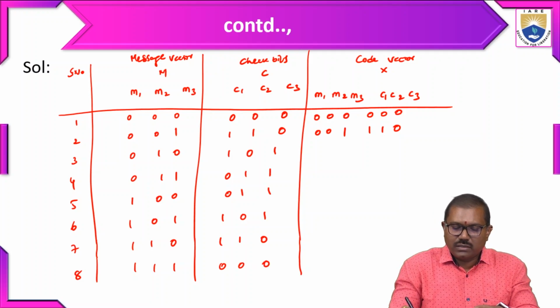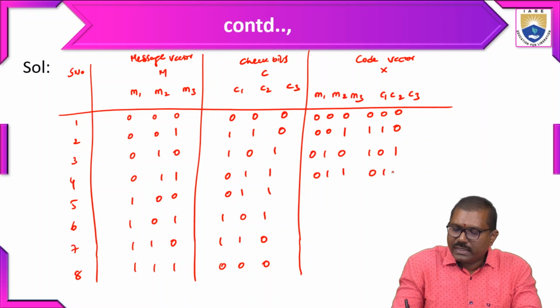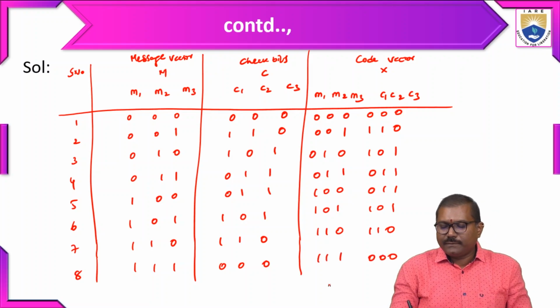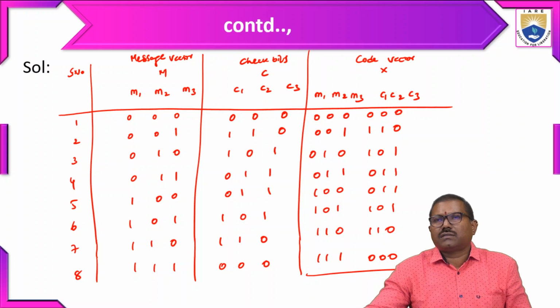So you get 010, 101, 011, again 011, 100, 011, 101, 101, 110, 110, three ones, three zeros. So these are all the code vectors.